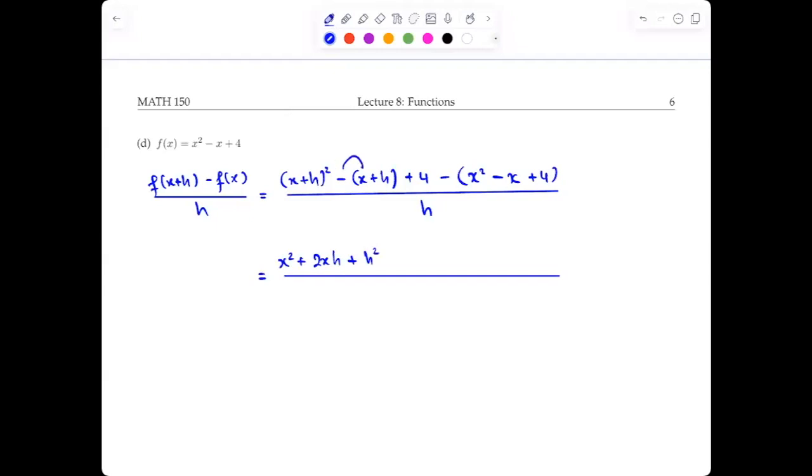Then next, you have minus x minus h plus 4. Then you distribute this negative into the parentheses. You get negative x squared plus x minus 4, all together divided by h.